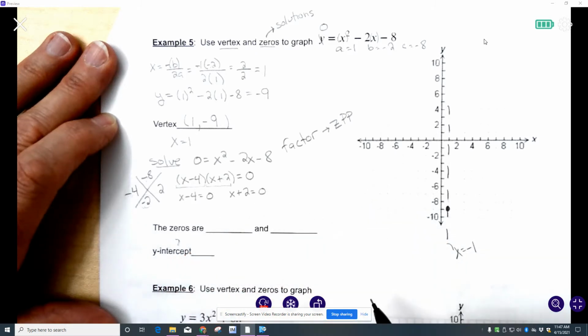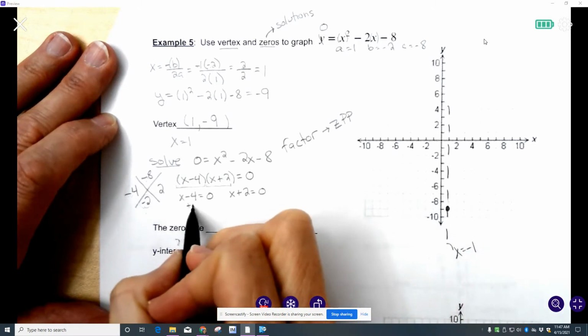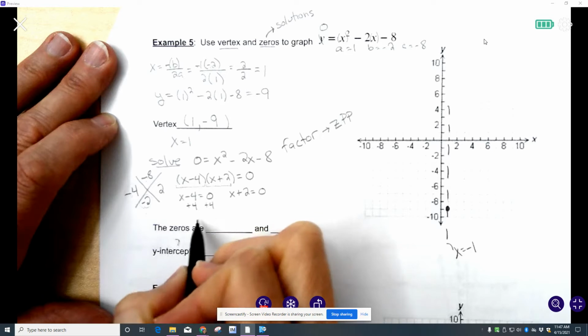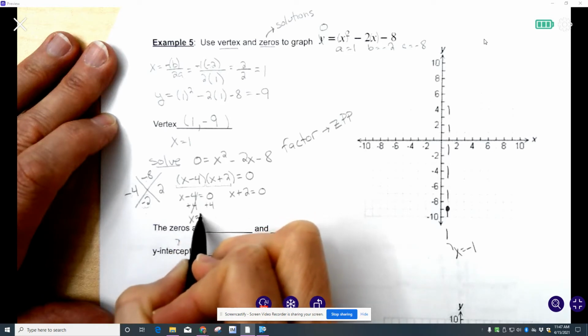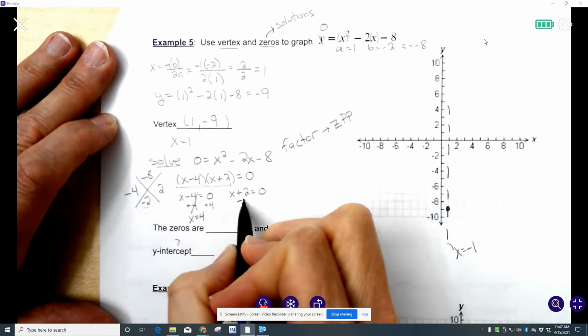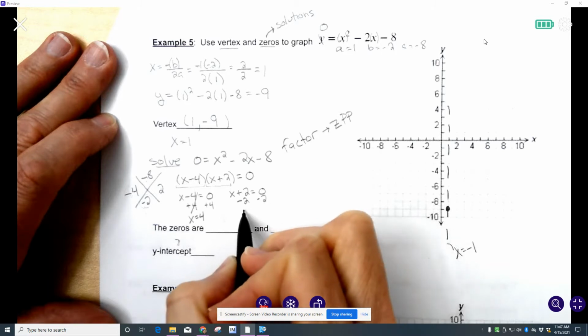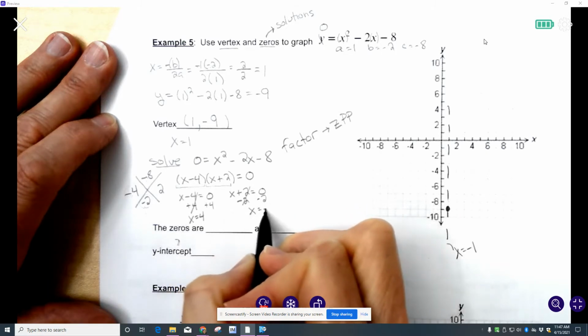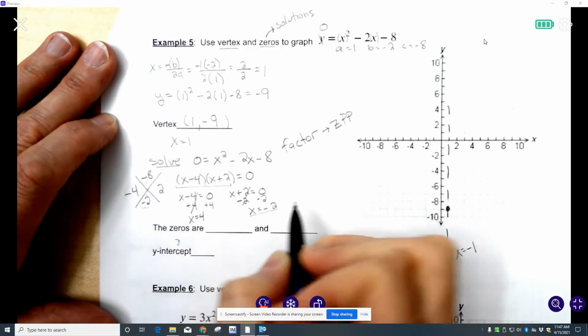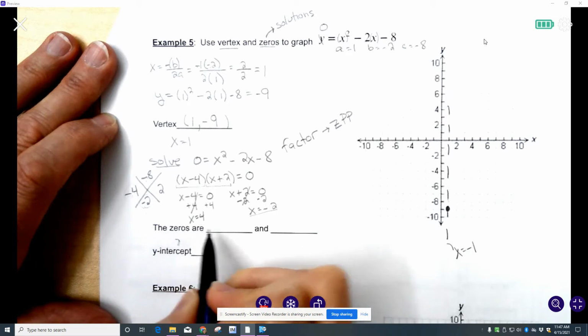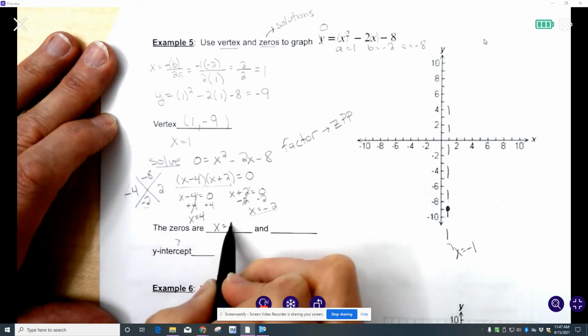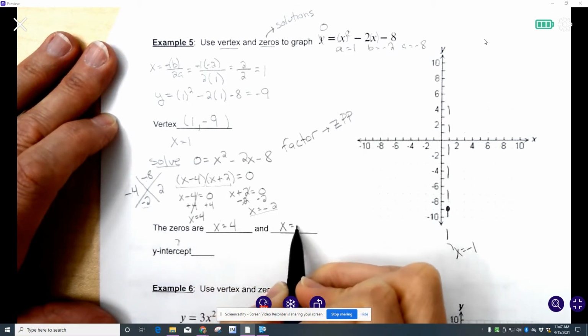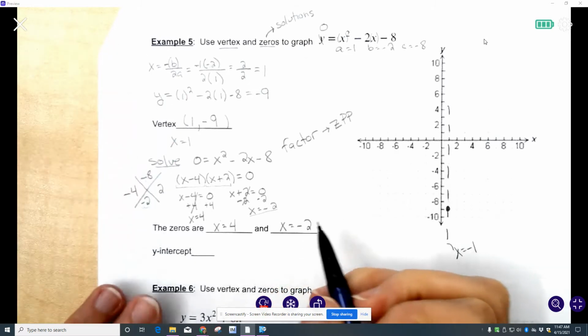So we solve both those equations. I'm going to add 4 to both sides here. X equals 4 is one of my solutions. Then subtract 2: x equals -2 is my other solution. So the zeros are x equals 4 and x equals -2.